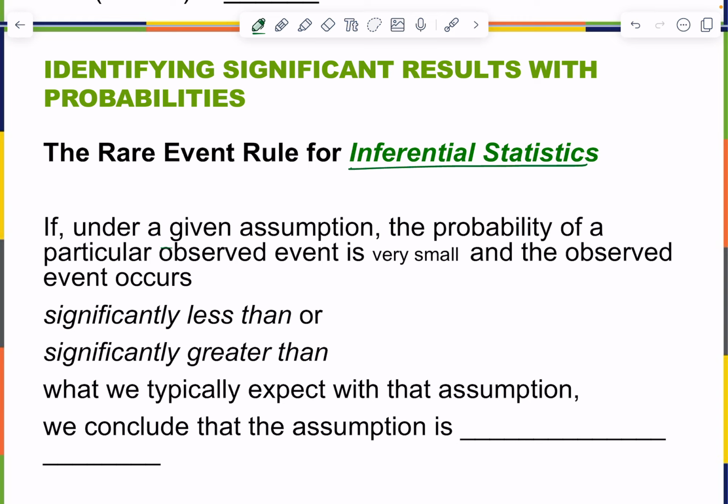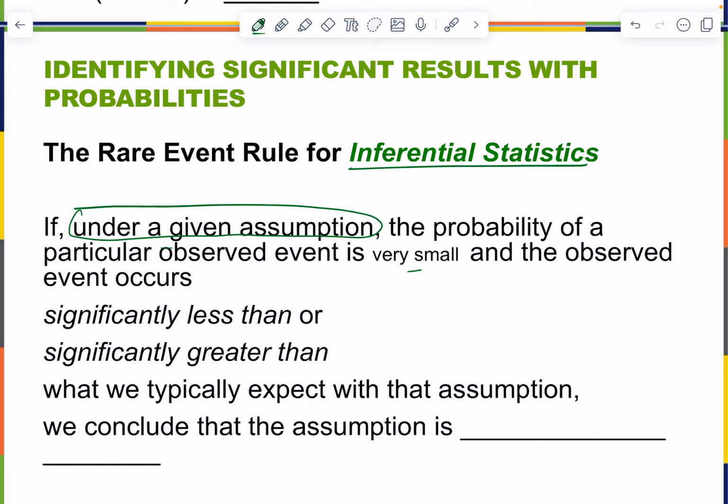If under a given assumption, which we will later refer to as the null hypothesis, the probability of a particular observed event is very small, and the observed event occurs, well, what are you going to do?